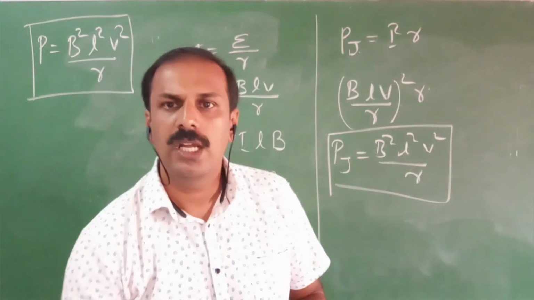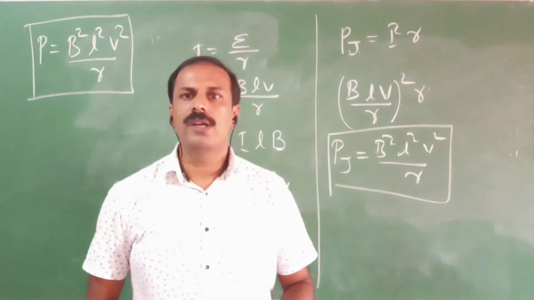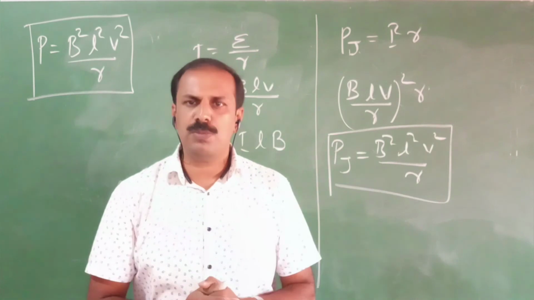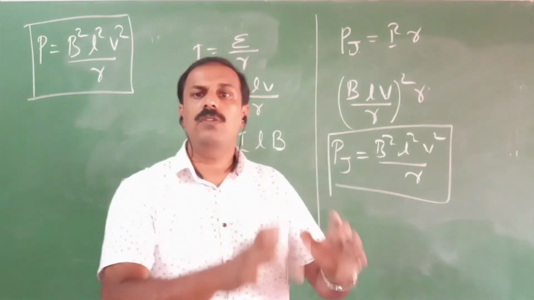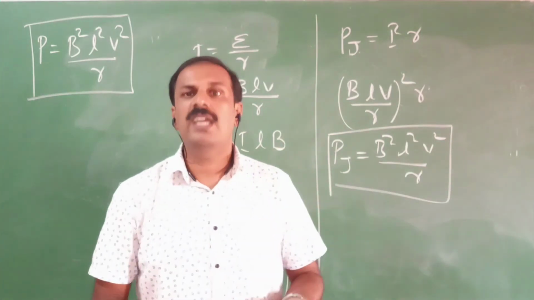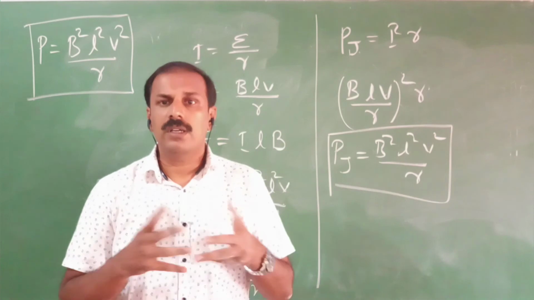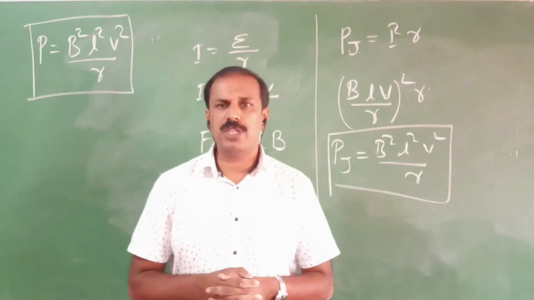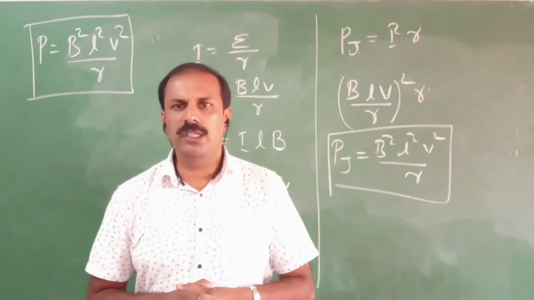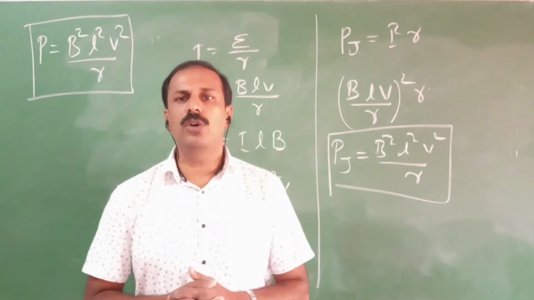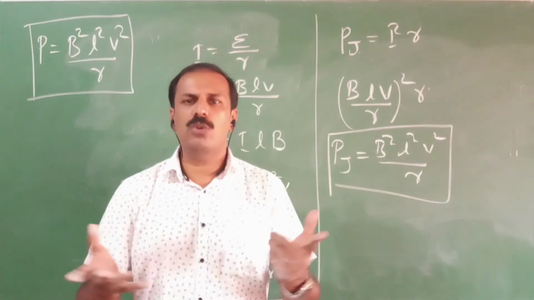The power you are using to move the rod, the same amount of heat is produced. The work you are doing to move the rod gets converted into heat. So there is no violation of the law of conservation of energy. So in motional EMF, the work we are doing gets converted into heat energy using Joule's heating effect.